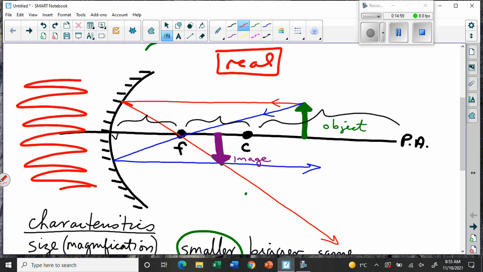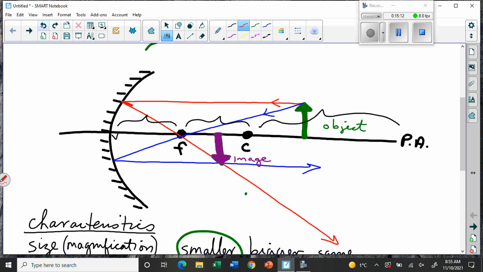That's another way to look at it. If the image is on the same side as the object, they must both be in the real world. If it's way over on the other side, then it's the opposite of that. It's in the virtual world. So in this case, what we have is a real image. It's out here on the same side.